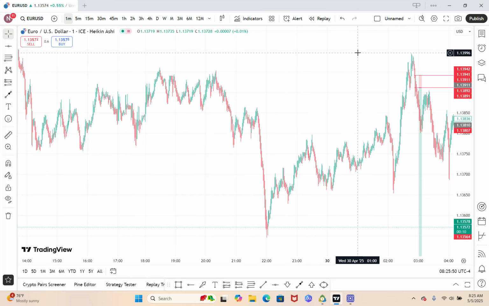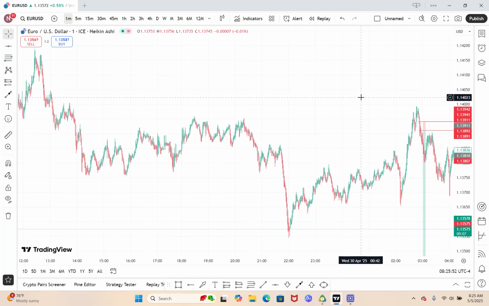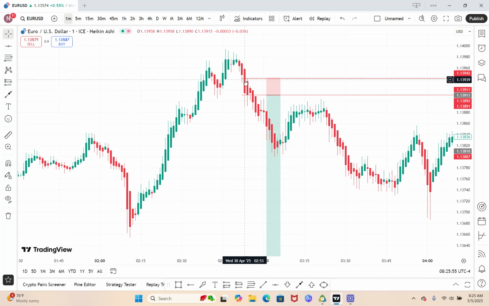Not the best area, but this is an area where sellers were in control.